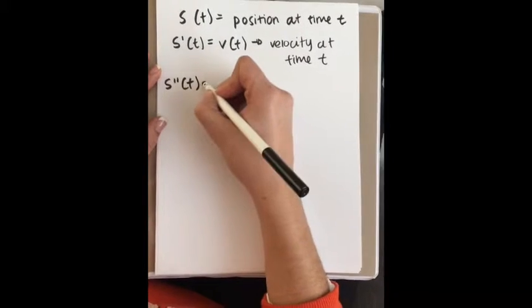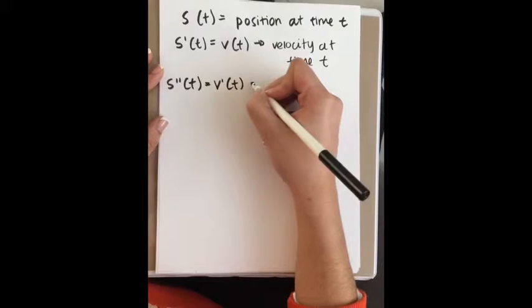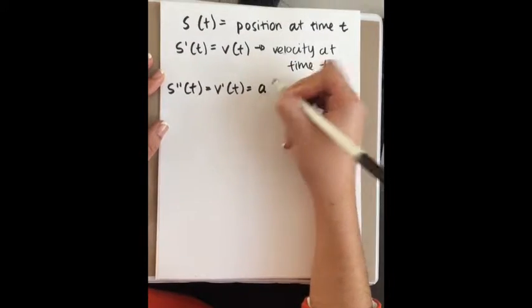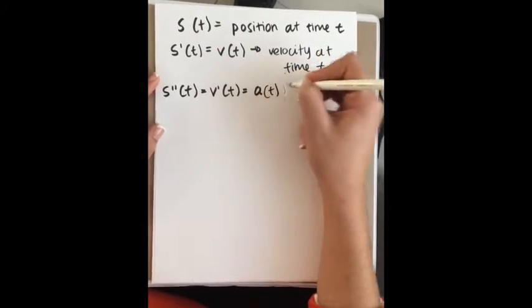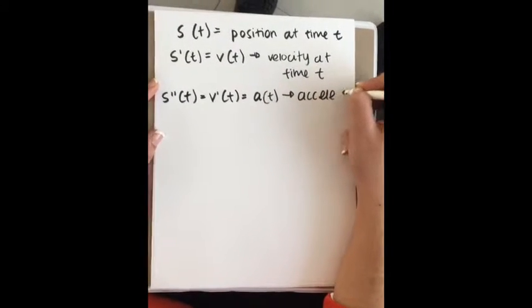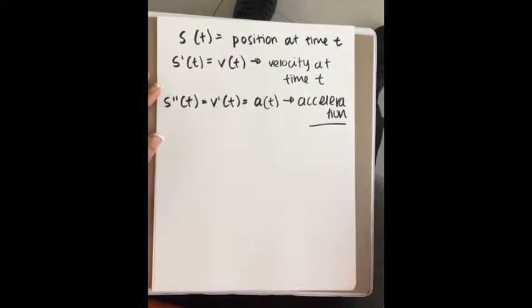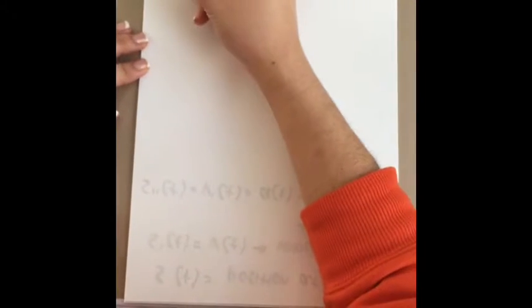And then we have the second derivative, which equals the first derivative of velocity, which equals acceleration at time t.